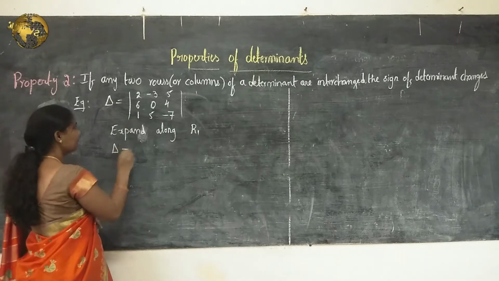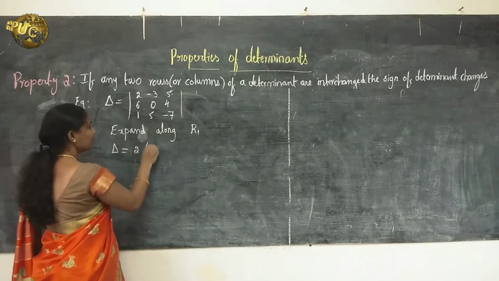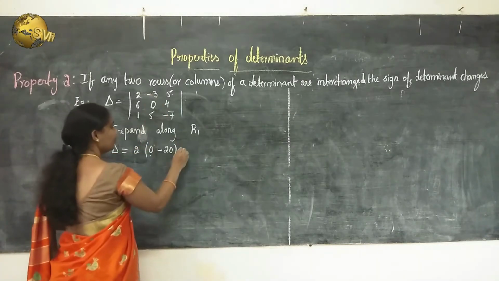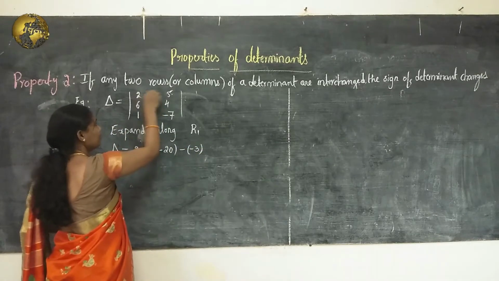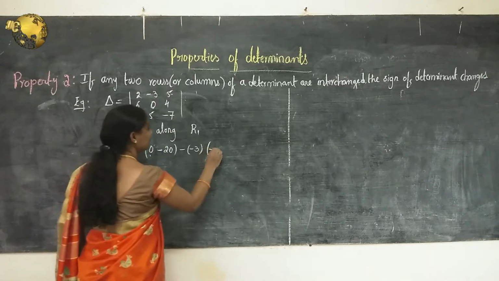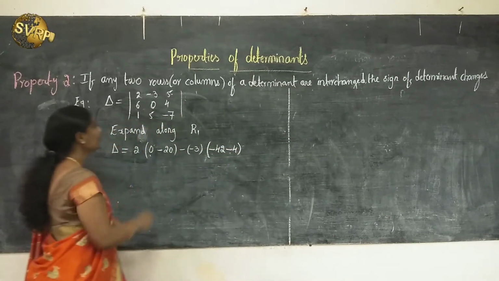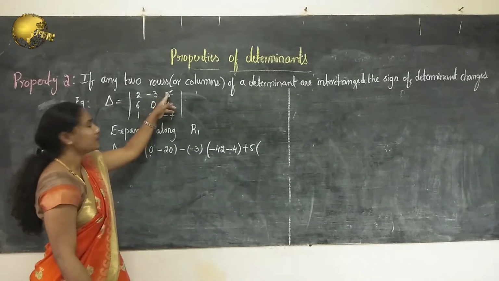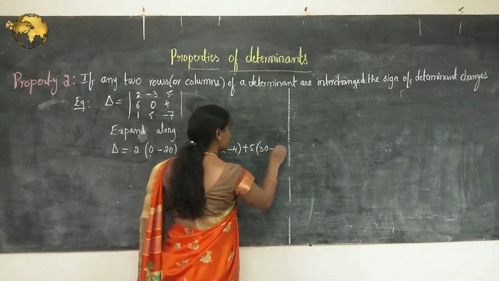So delta is equal to, see here, 2 into the first row, first column, 0 minus 5 4s are 20. Yes, and then minus is already there here, the position sign is also minus. So minus 3 into, neglect this row and column, it is minus 42 minus 4, and then plus 5 into the first row, third column, 6 5s are 30 minus 0.